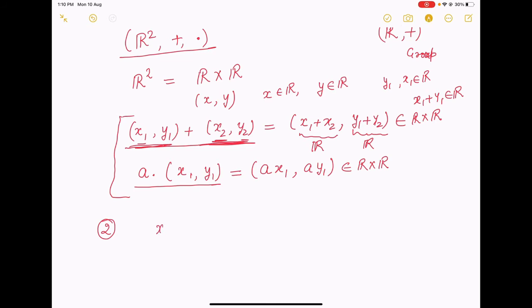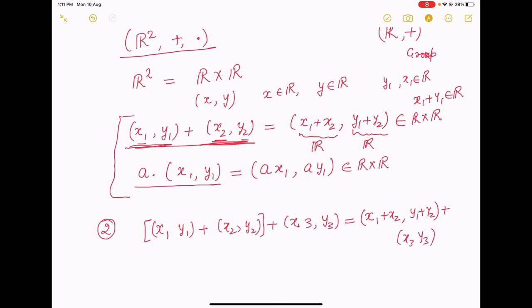You can check that for any three elements x1 y1, x2 y2 and x3 y3, if you change the order of the addition, I am writing here the final result: x1 plus x2, y1 plus y2, and then this is added to x3 and y3.